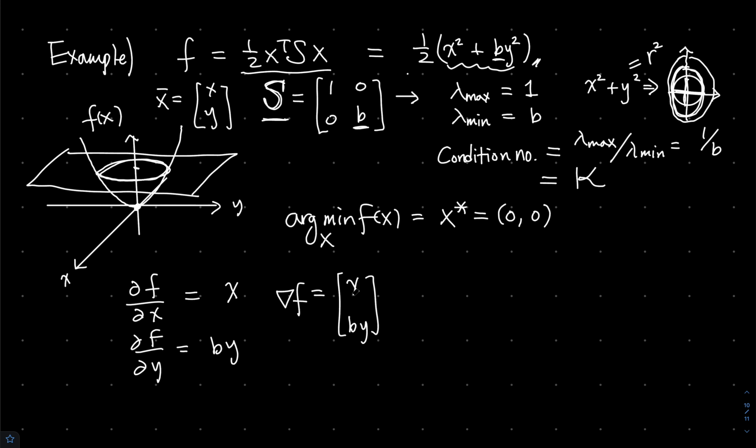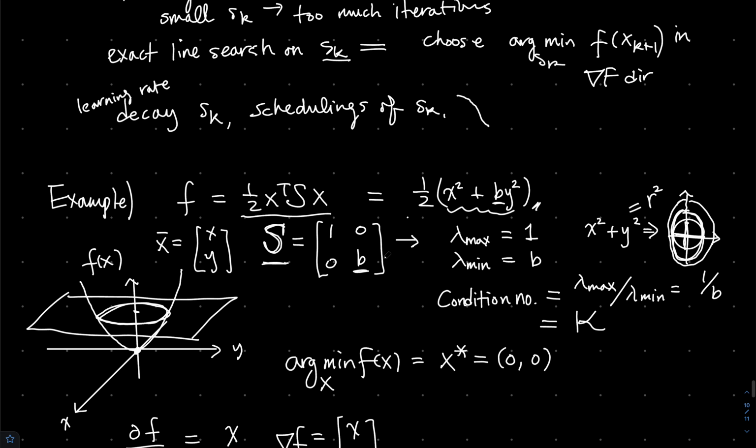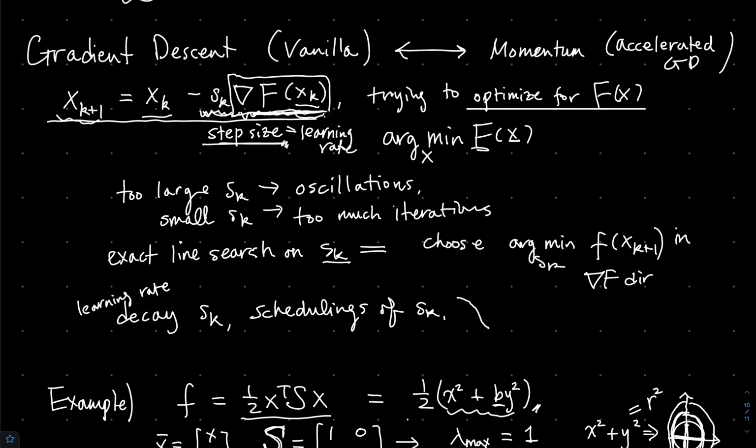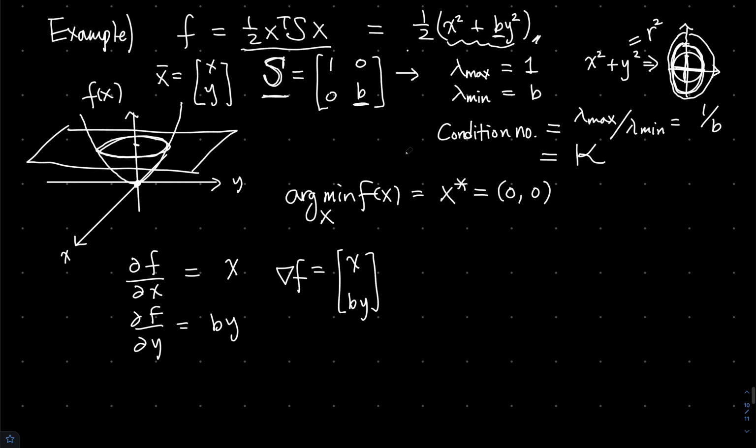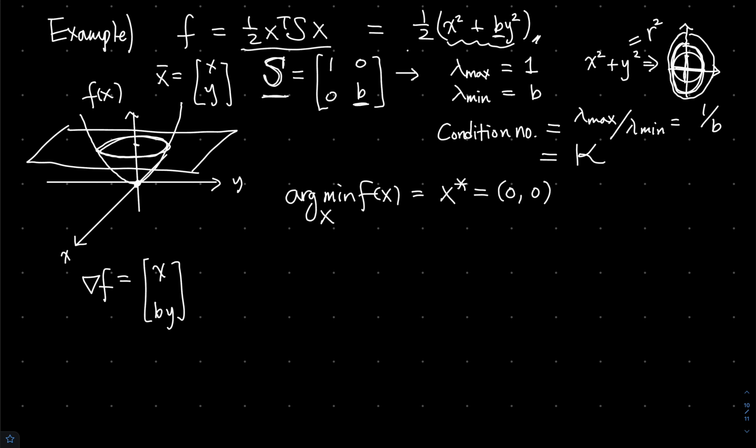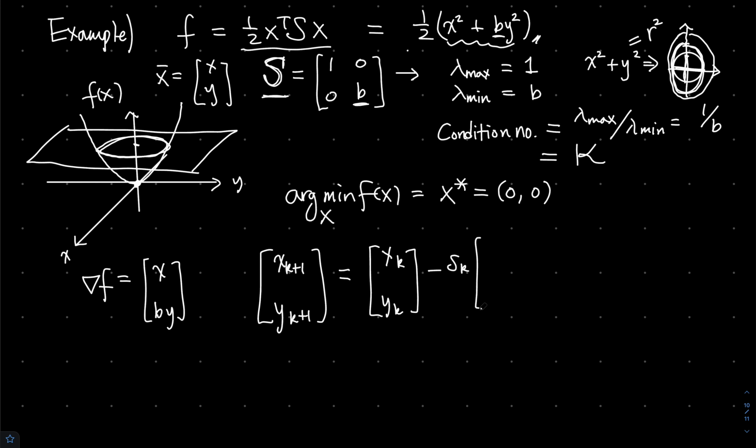Now, if we insert this gradient into the gradient descent equation, let's write it here: (xk+1, yk+1) equals (xk, yk) minus step size sk times (xk, byk).